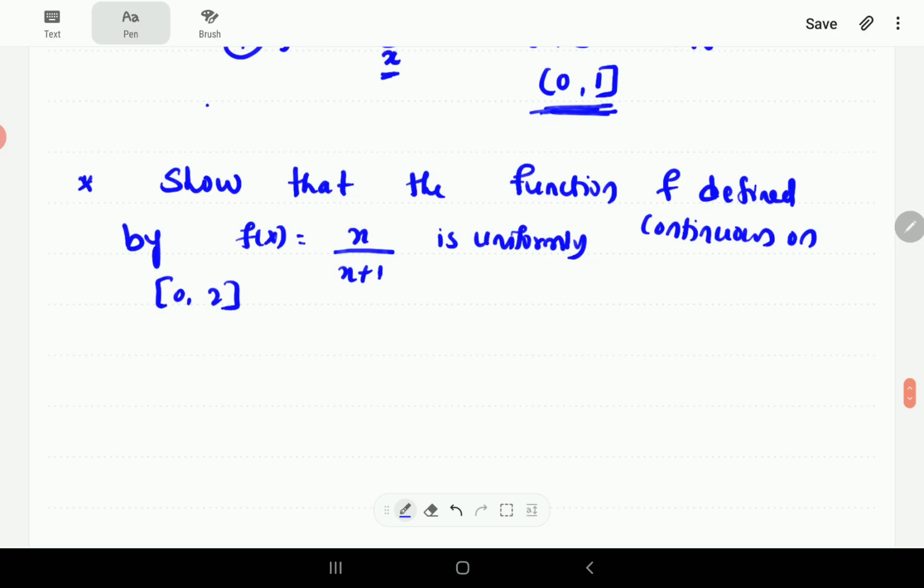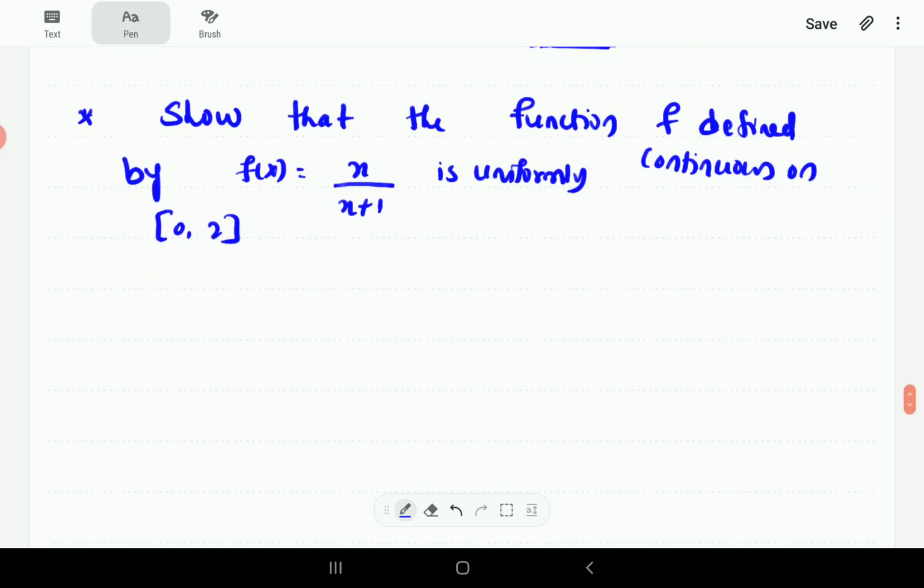So we have to show whether the given function f of x is uniformly continuous on this closed interval or not. To solve this, let epsilon greater than 0 be given.